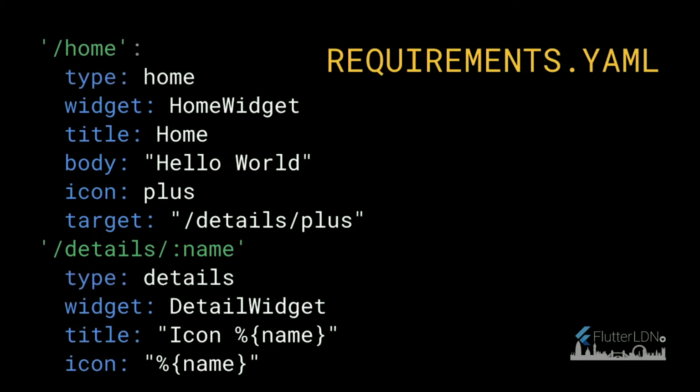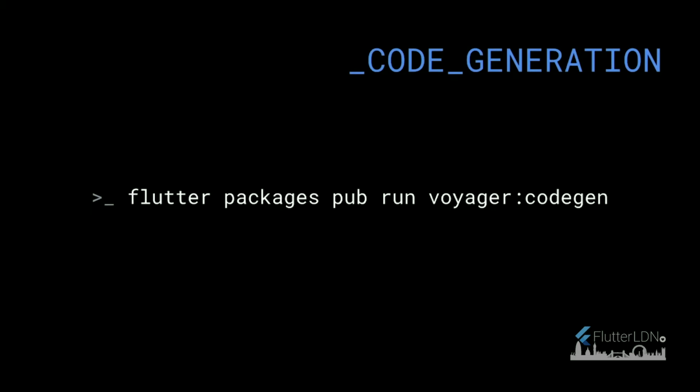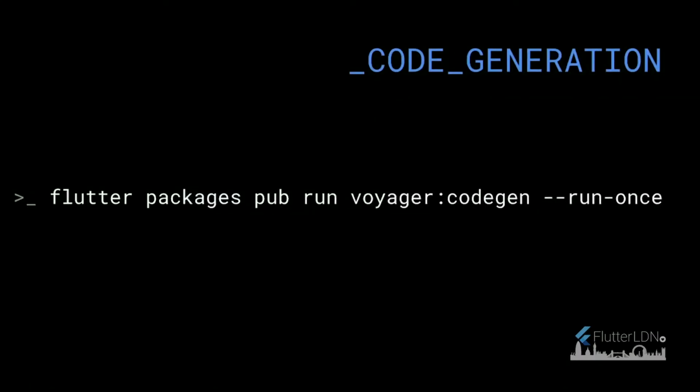And this will allow the code generator to give meaningful names to values and fields it will create. You start code generation by running this command, and it will start watching for changes. And if you're in a CI environment and you only want to run it once, you can supply an additional parameter.